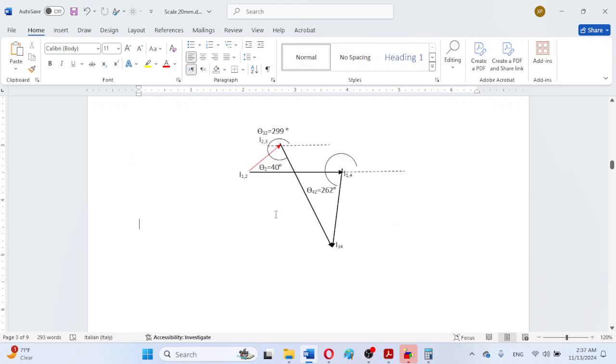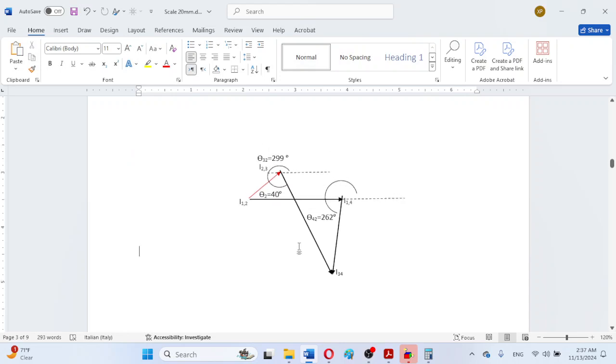So here the necessary permanent centers have been shown.